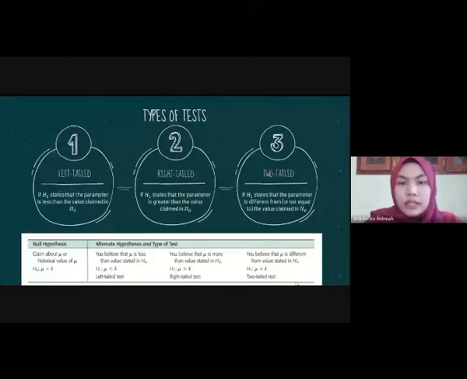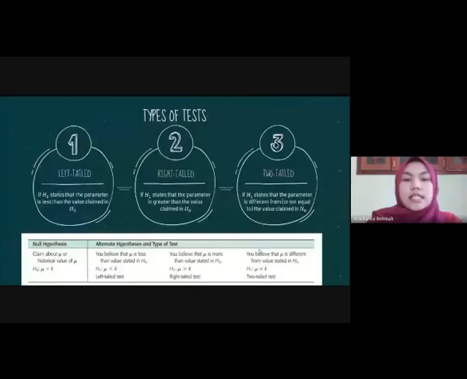Right tail: the alternate hypothesis states that the parameter is greater than the value claimed in the null hypothesis. And two tail: the alternate hypothesis states that the parameter is different from or not equal to the value claimed in the null hypothesis. This is the table of types of testing. Okay.